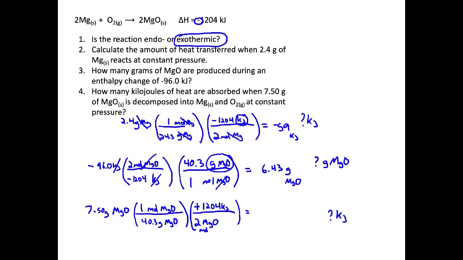Again, we're talking about the reverse reaction, so we need to change the sign. And so grams, moles, here at kilojoules. And so we're going to end up with 112 kilojoules of heat is going to be required in order to cause this decomposition to happen.